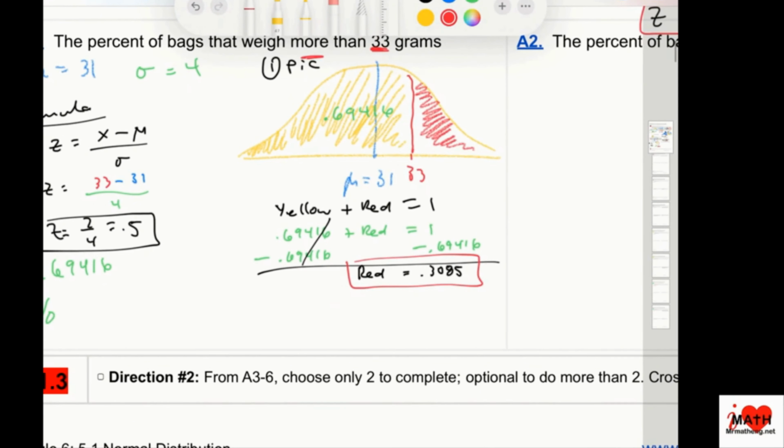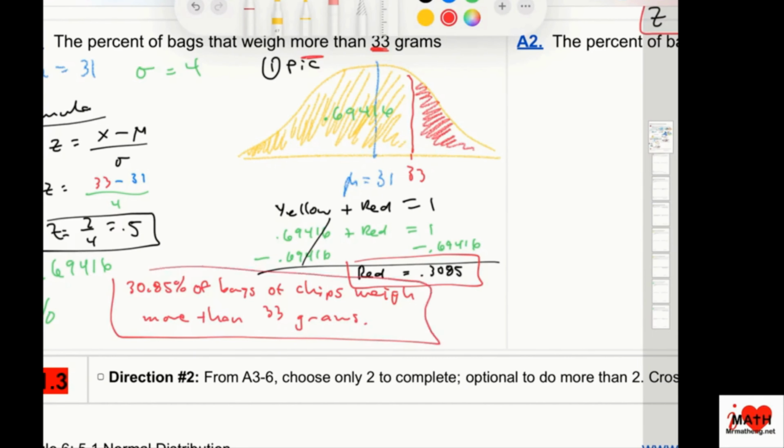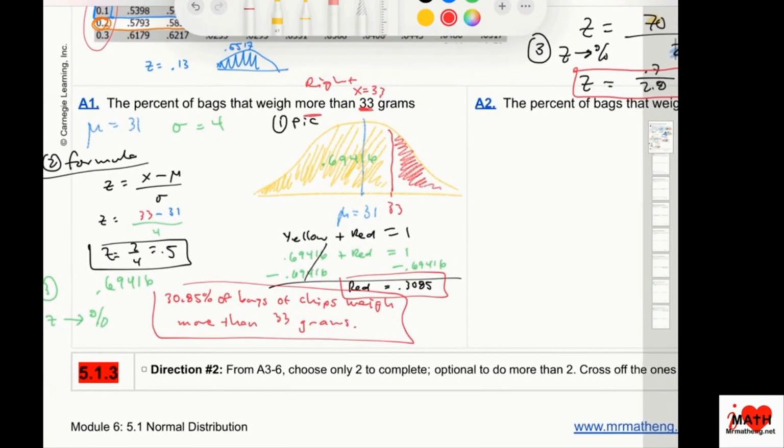And if I write a sentence to help you understand this, if you change it to a percent, 30.85% of bags of chips weigh more than 33 grams. Okay, that is A1. Let's move on to A2.